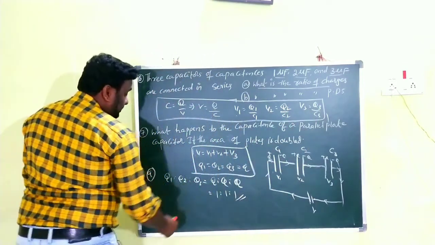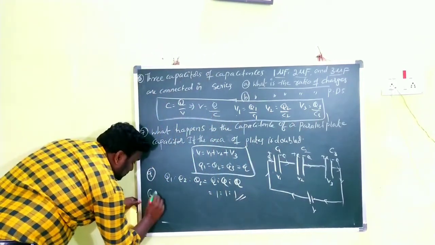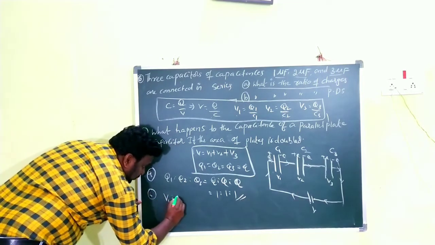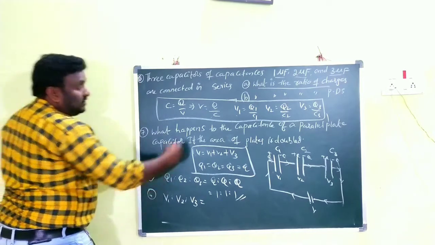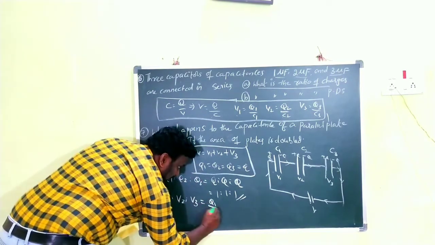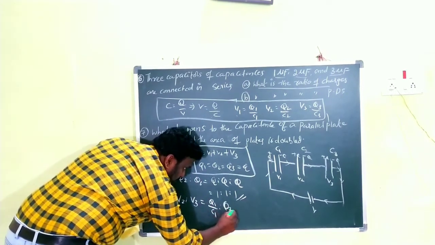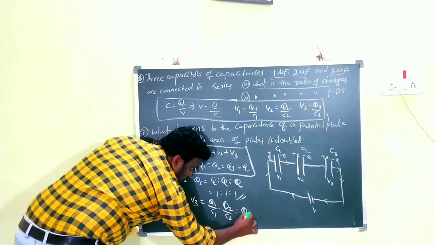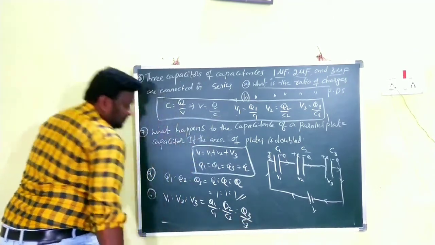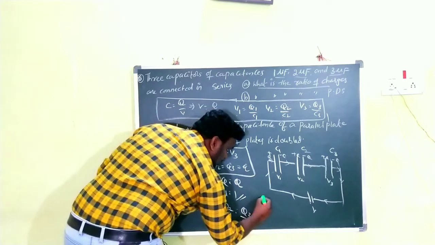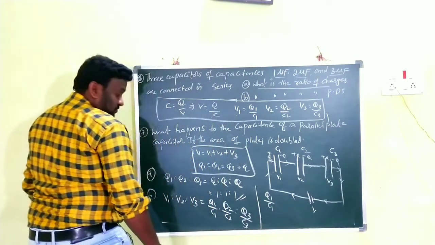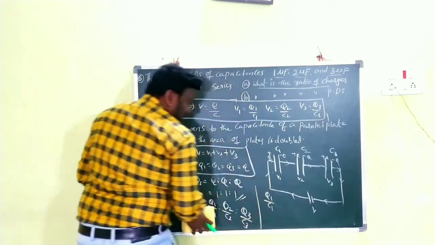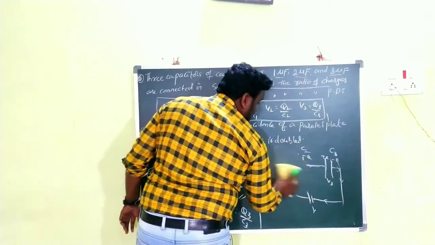Now we have to substitute here the potential ratios. What is that? V1 is to V2 is to V3. What is V1? Q1 by C1 is to Q2 by C2 is to Q3 by C3. So children, I hope you understand this one. Series combination.